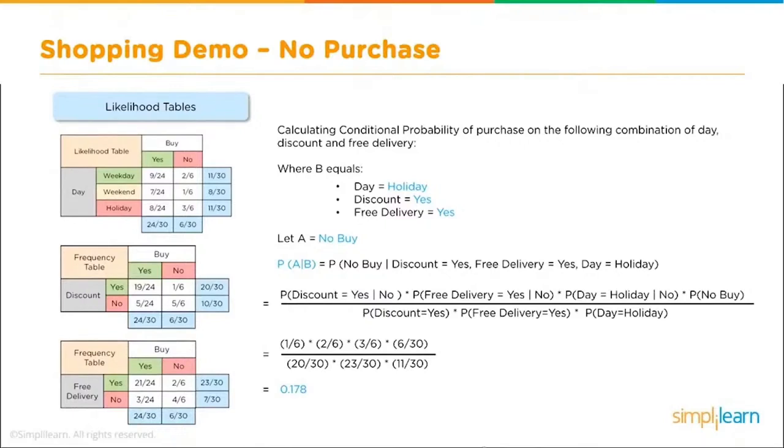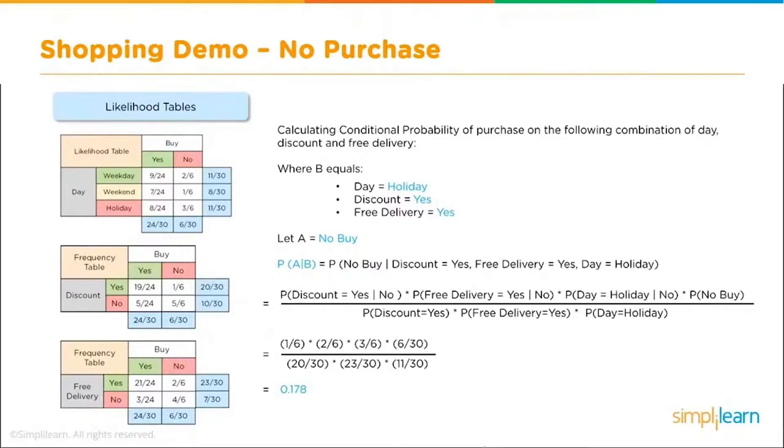And then that is going to be multiplied by the probability of them not making a purchase. Then we want to divide that by the total probabilities, multiplied together: the probability of a discount, of a free delivery, and of it being on a holiday.